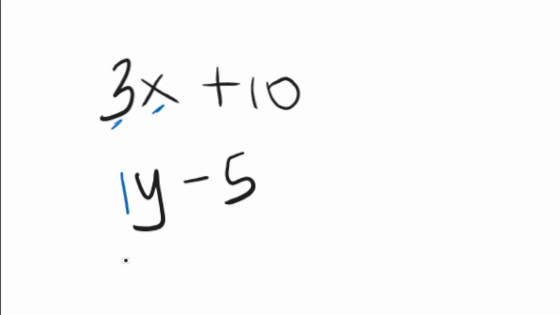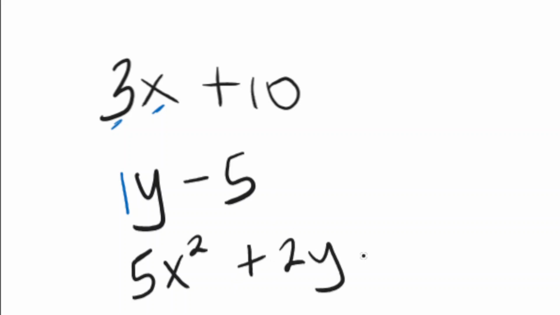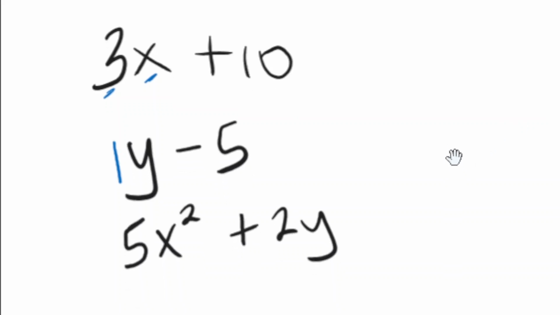Now let's look at 5x squared plus, let's say, 2y. This expression has how many terms? Two terms. The terms are 5x squared and 2y.